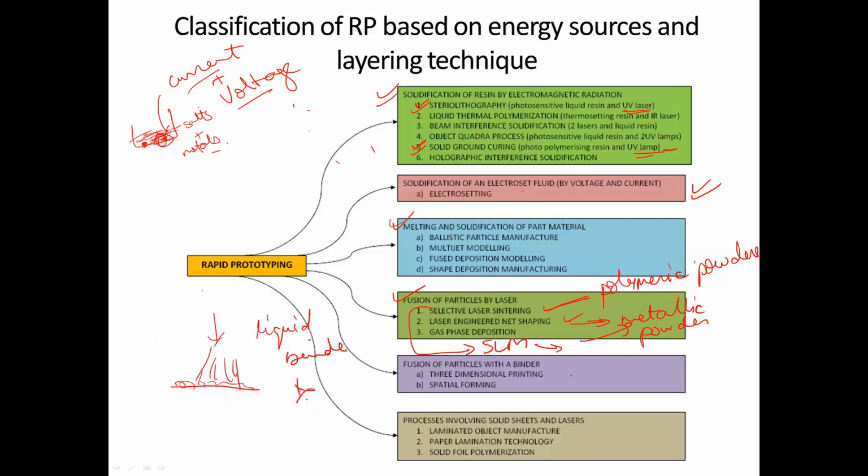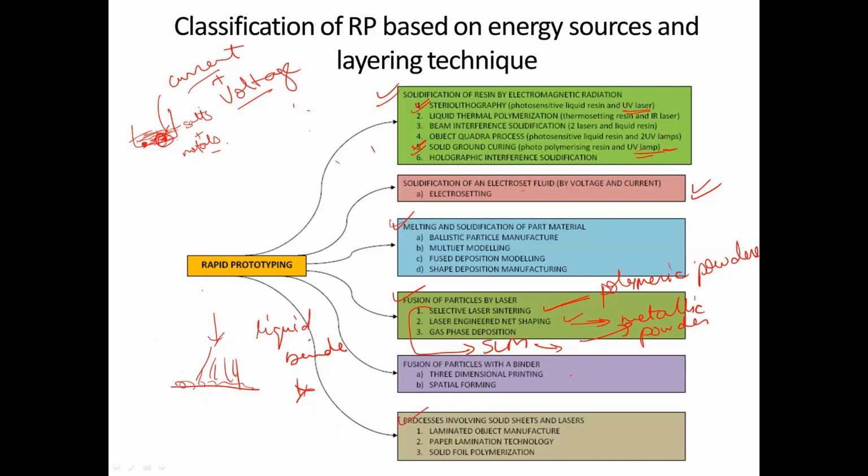This liquid binder is nothing but a sort of glue which is poured over the powder material, and wherever the glue falls, the material sticks together and the rest of the powder remains loose. It doesn't get attached to anything. So that is how this thing works.